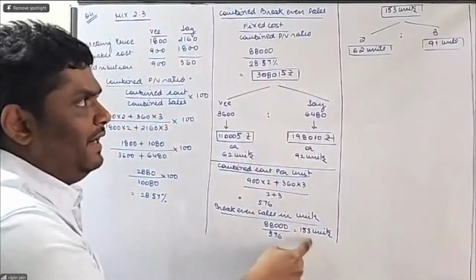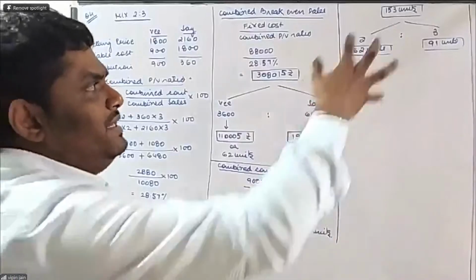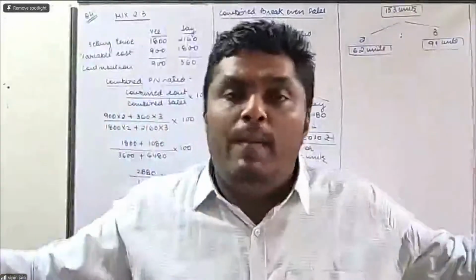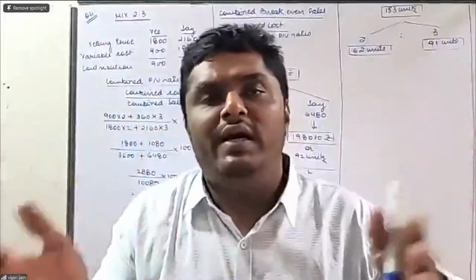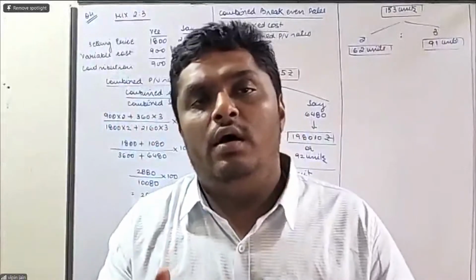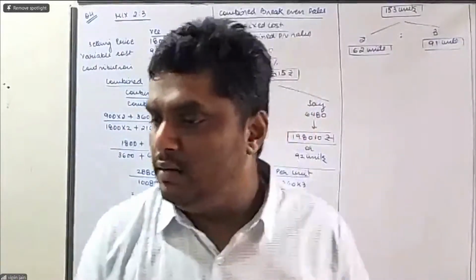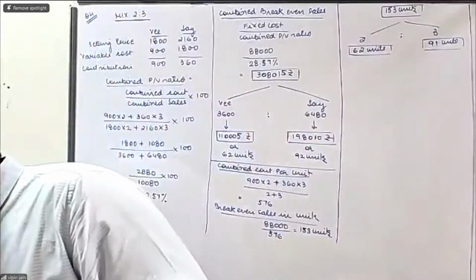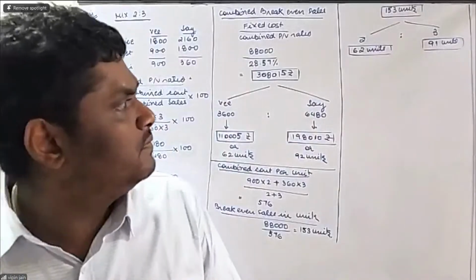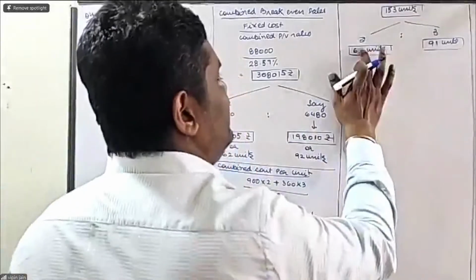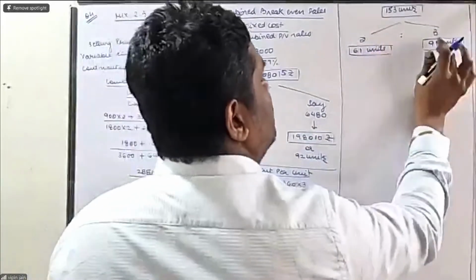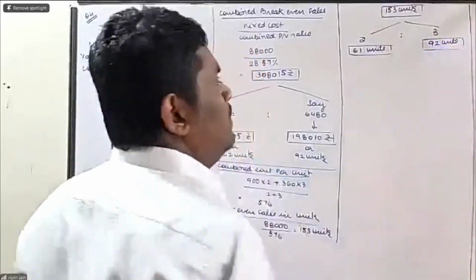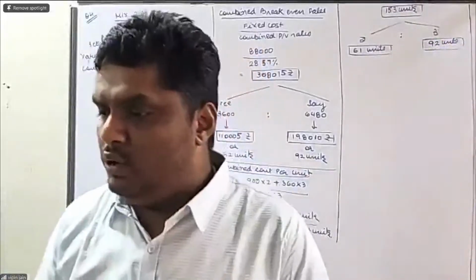Accordingly we will get the number of units, and since it is units only, there is no impact of price, so it will be distributed in the ratio of units only, that is 2:3. We can keep it 61 and 92 also. It's the rounding difference, nothing more than that.